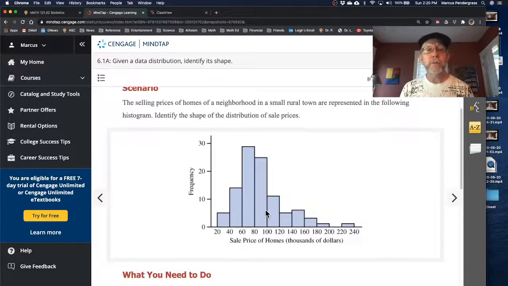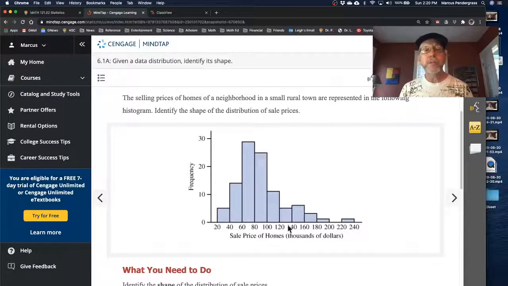Well, let's take a look. First of all, notice the units here are in thousands. So home prices in this sample ranged from, it looks like, a minimum of around $20,000 up to a maximum of $240,000. And this would be a unimodal right-skewed distribution.